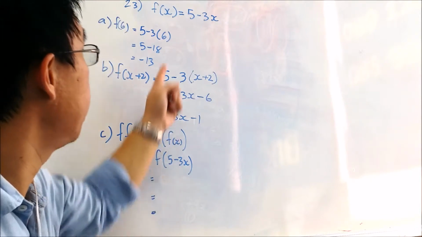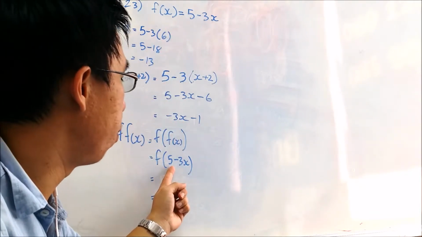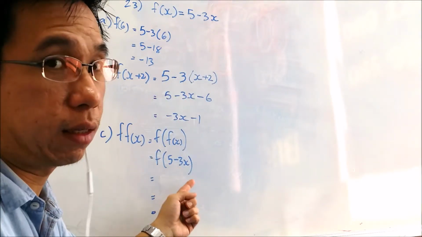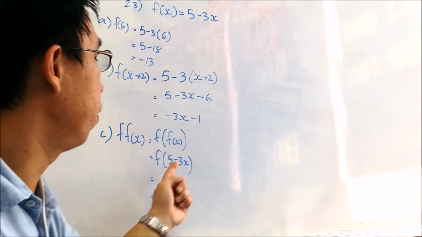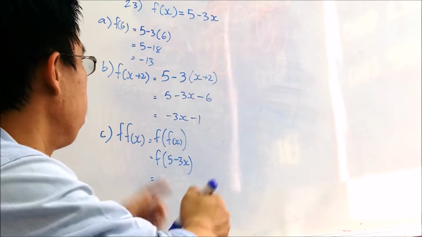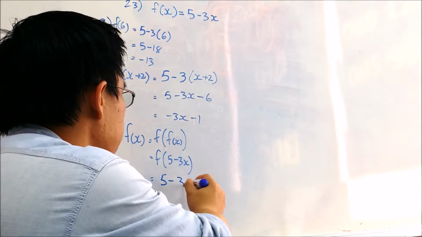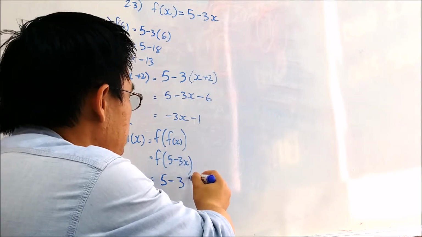Instead of writing x here, you are replacing x with 5 minus 3x. Similar to question B, continue with the function 5 minus 3, again multiplying.